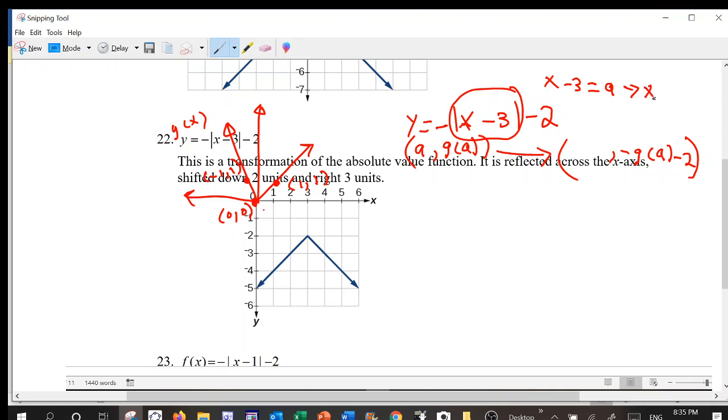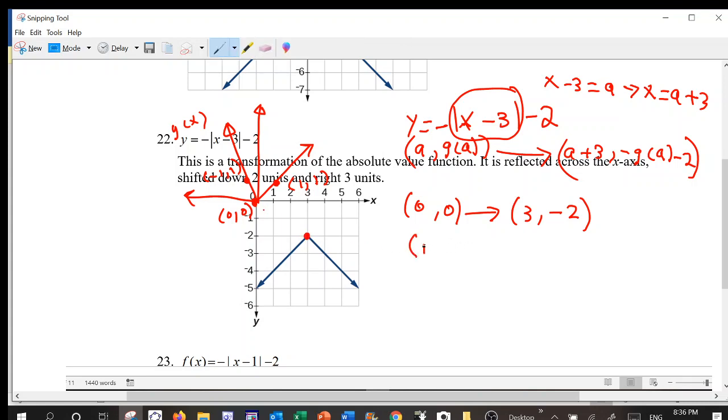So x equals a plus 3. So a plus 3. So 0, 0 goes to 0 plus 3 is 3. Negative times 0 is just 0. Minus 2 is minus 2. So this point goes to 3, negative 2, which is this point right there.